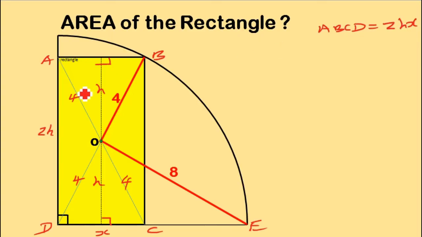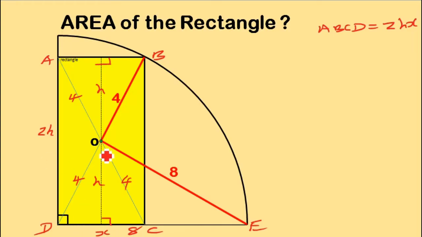So if you analyze this diagram closely, you can see from the center of the quadrant to the circumference is the radius, meaning from D to B is the radius, which is 4 plus 4, meaning the radius of this quadrant is 8, meaning from D to E is 8 units.